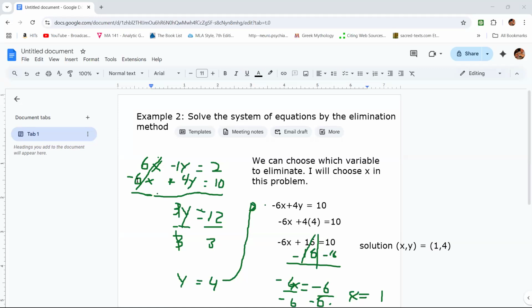I can either eliminate x or y first. It doesn't matter as long as you can eliminate them. Then you solve that equation for the variable that you have left. And then you substitute it into one of the other ones to find the variable that you still need.